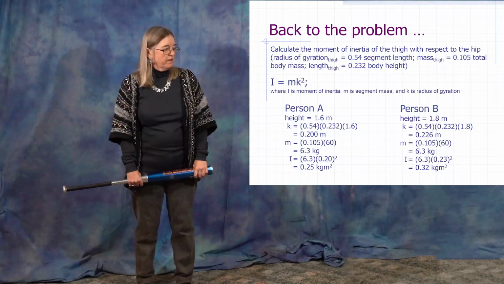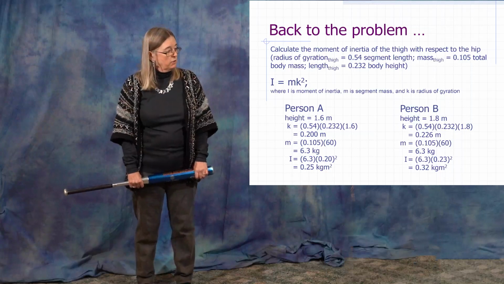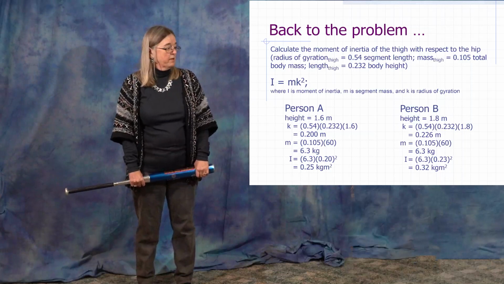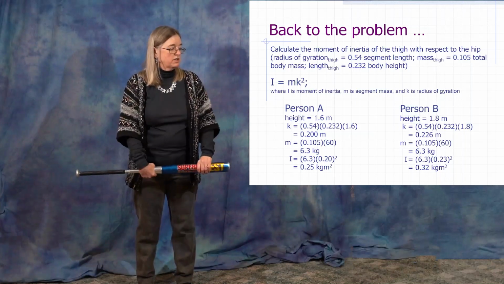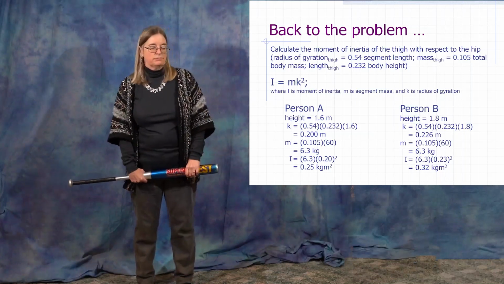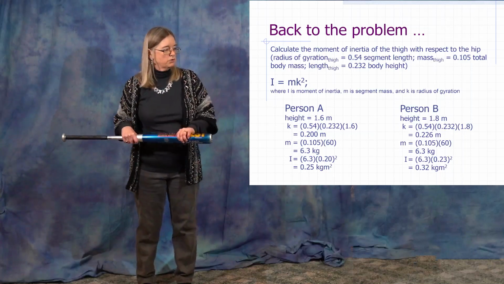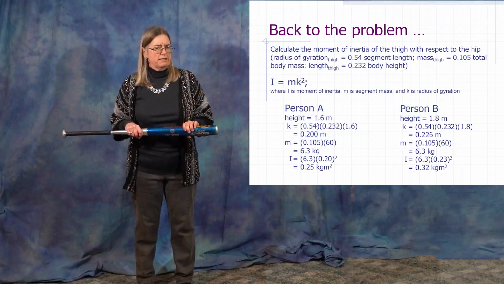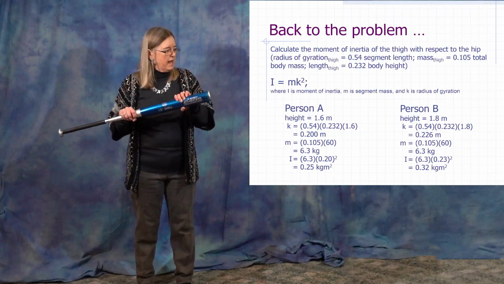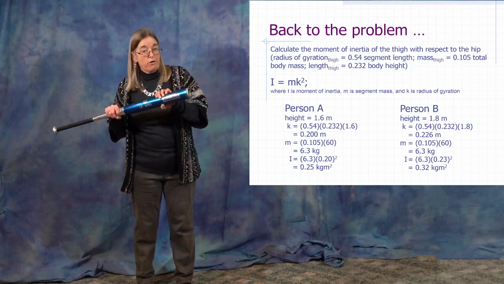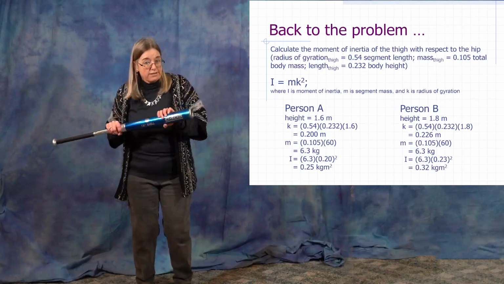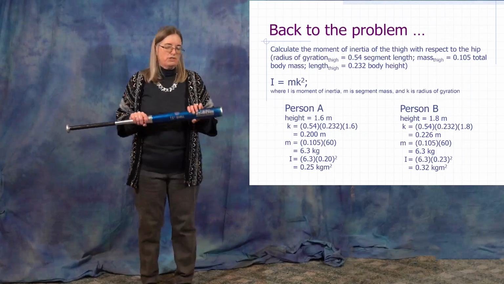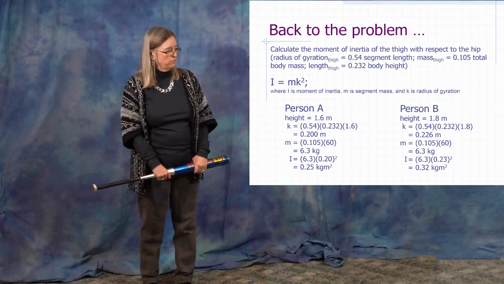So for person A, who is 1.6 meters tall, the radius of gyration is 0.54 times 0.232 times 1.6, where 0.232 times 1.6 is the segment length of the thigh, and times 0.54 tells you, for that segment length, how long the radius of gyration is, which ends up being 0.2 meters.